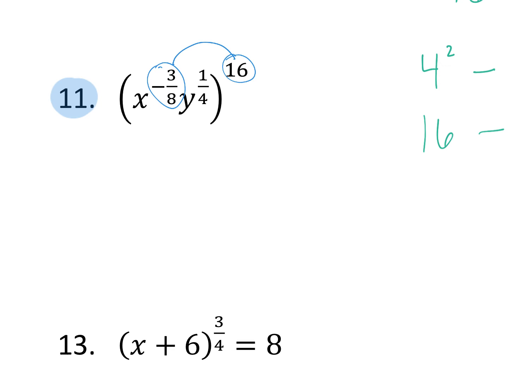So we're going to multiply our powers here. If you simplify that, there's a lot of ways you could think of this. I would go negative 3 times 16 divided by 8 is negative 6. So that's x to the negative 6th power.